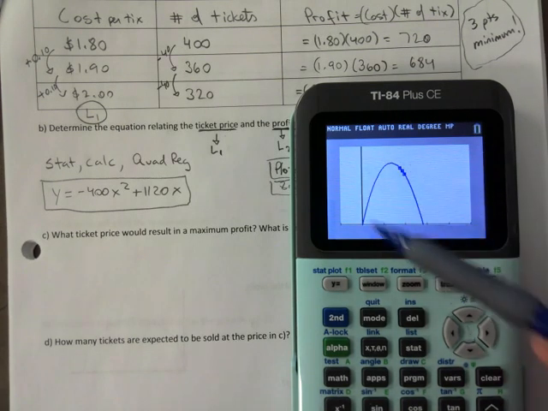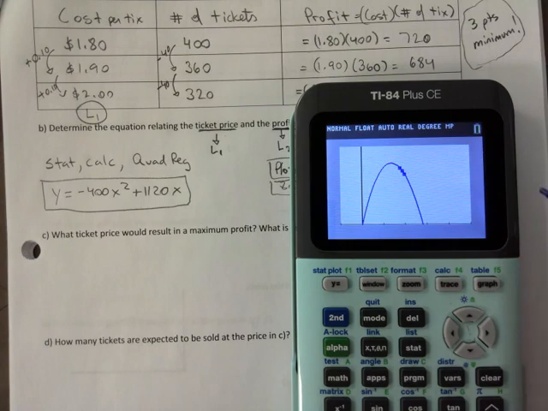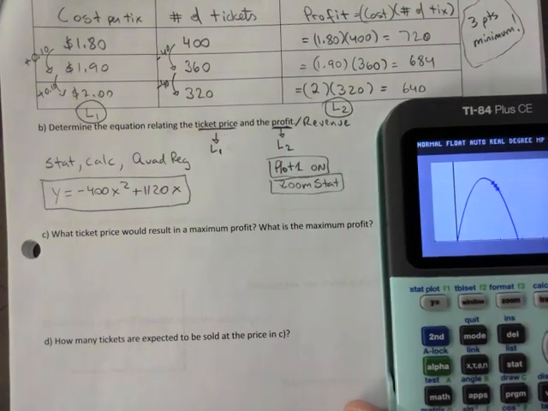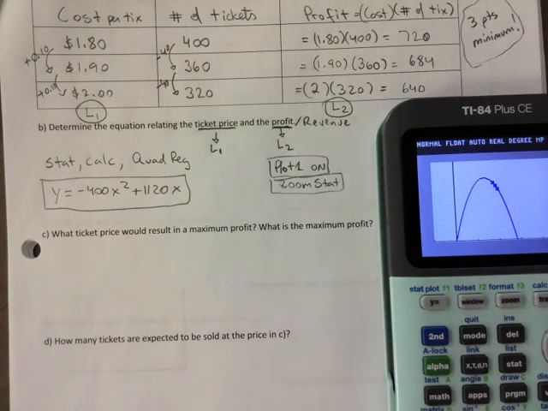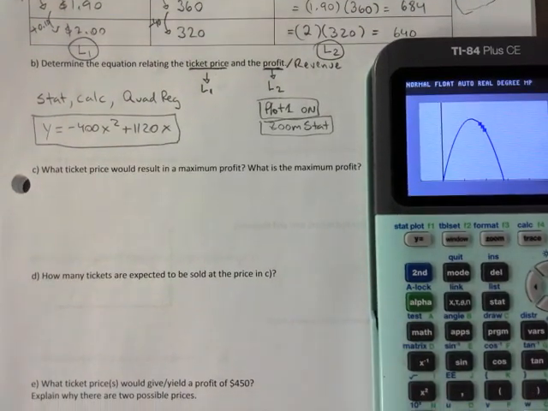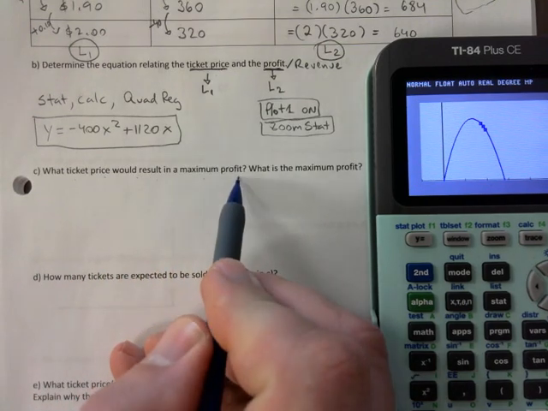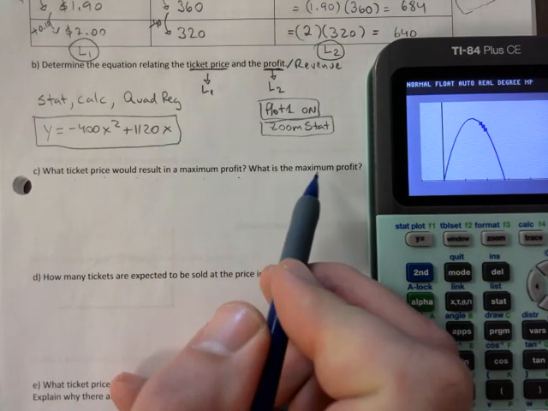And then you're focusing more onto quadrant 1, okay? So keep that in mind. So now that it's visible, let's answer the rest of the questions here. Basically, after this, it's the same as before. Now you're just going to go find points. What ticket price would result in the maximum profit? What is the maximum profit?